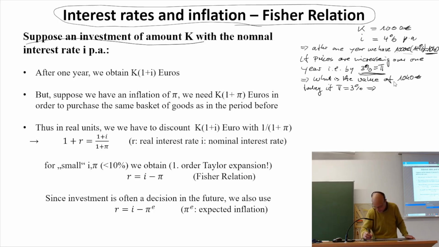And this means we have to discount 1,040 euros by 3%. So we obtain 1,040 over, what do I have to do then?